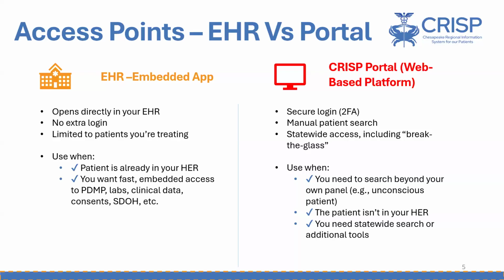Those are the two ways you can access this tool. The demo today will walk through the portal portion. However, this application works the same and shows the same data in the EHR version.